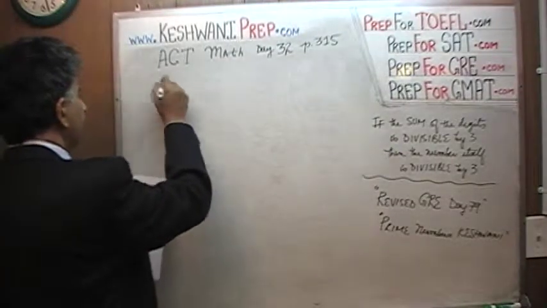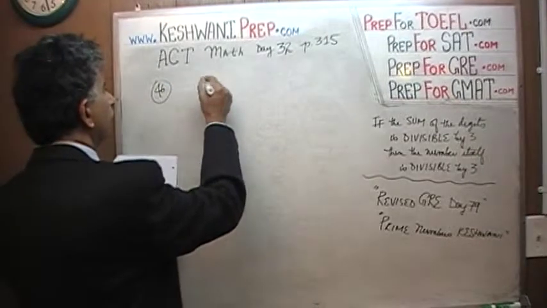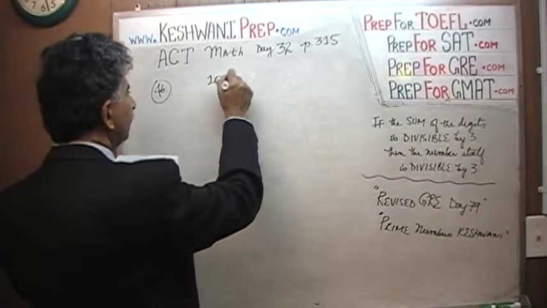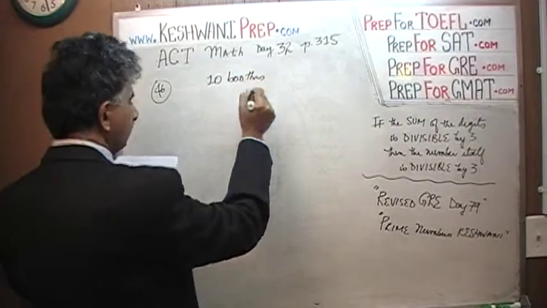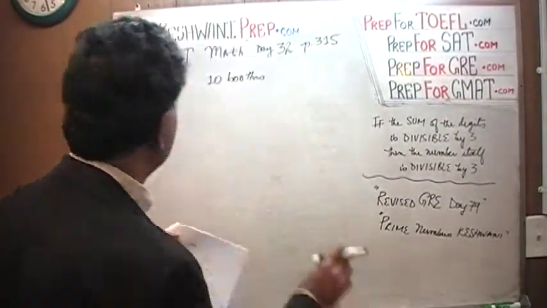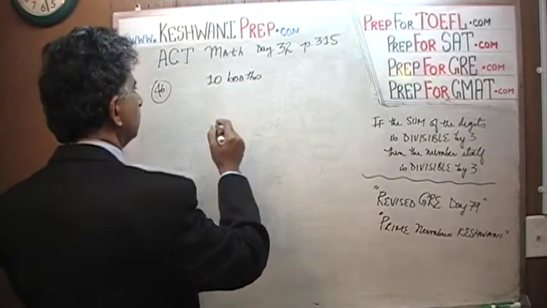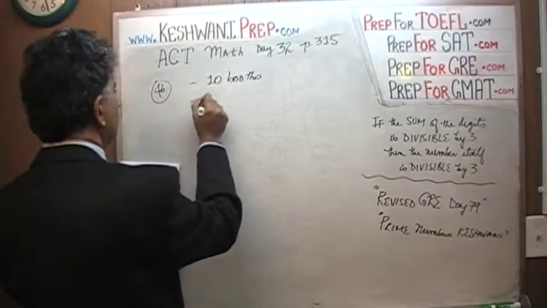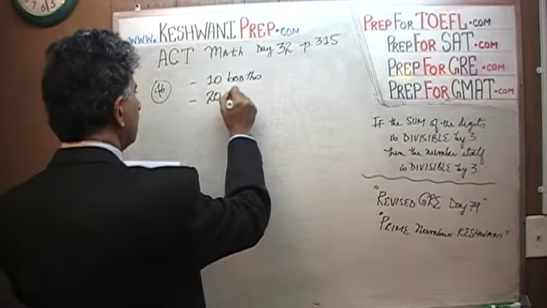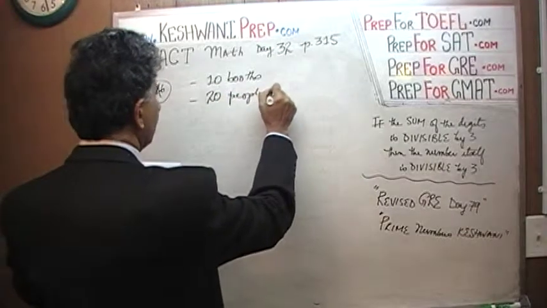In problem number 46, we are told that we have 10 booths. We are told that we have to sit 20 people. 20 people are to be seated.